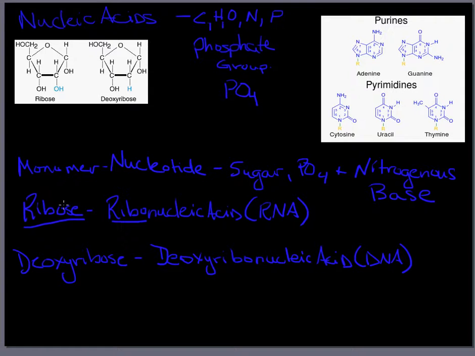So I want to take a closer look at the sugar and the bases on their own. So I'm going to give them their own slides by themselves, but I wanted to show you what they look like together and just kind of sum up how the nucleotides are going to be put together.